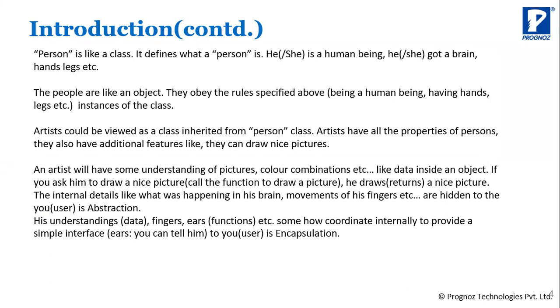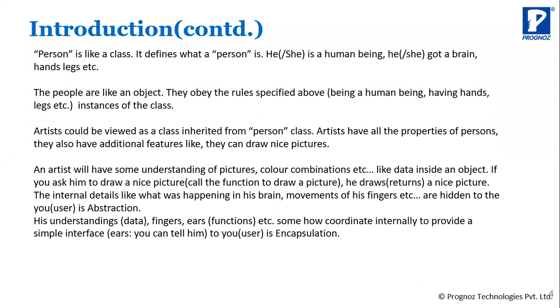For example, person is a class. It defines what a person is. Either he or she is a human being. When you talk about a person, either he or she is a human being, and he or she has a brain, hands, legs, ears, eyes, nose.